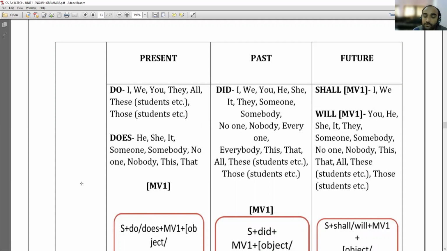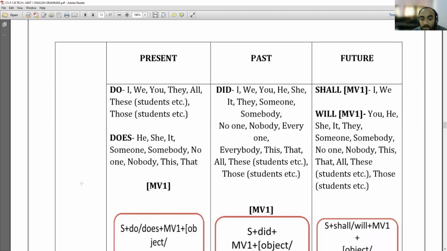So do is used after I. I do, we do, you do, they do, all do, these students do, those students do. So do is used after the plural pronouns or plural subjects.